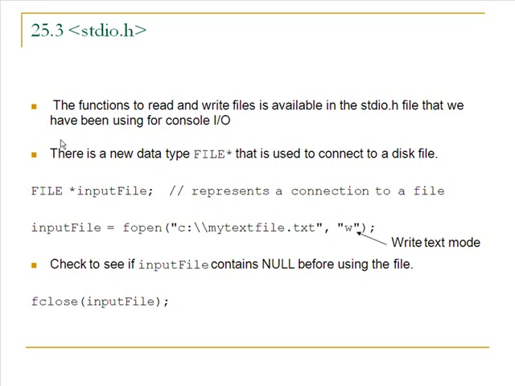Okay, so fopen will return for you a pointer to that file, and I've stored it in the variable inputfile. When you're done writing stuff into this file, you call the function fclose and pass in the pointer, and it disconnects your program from the file. This is kind of important. We should remember to close the files that we've opened.